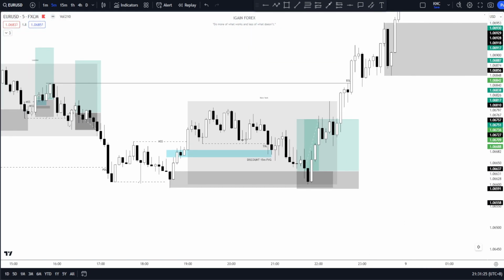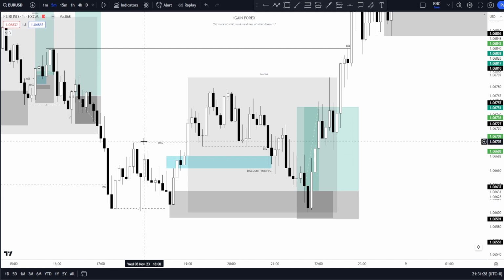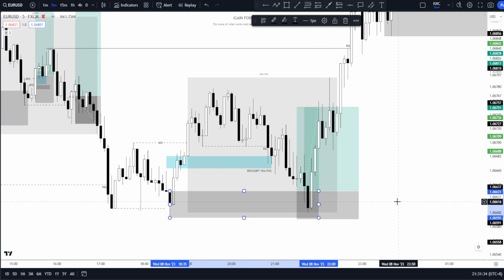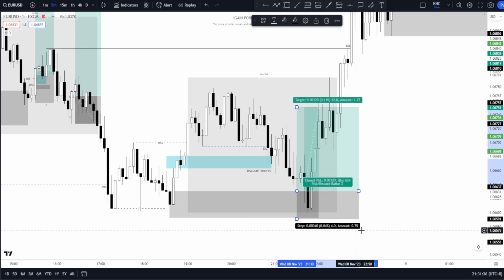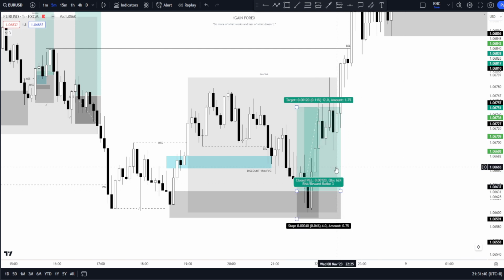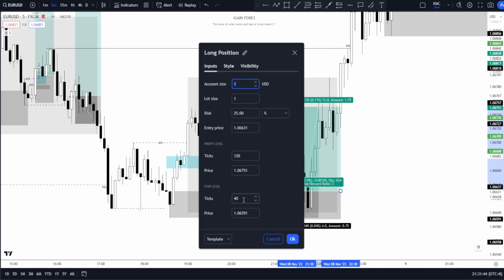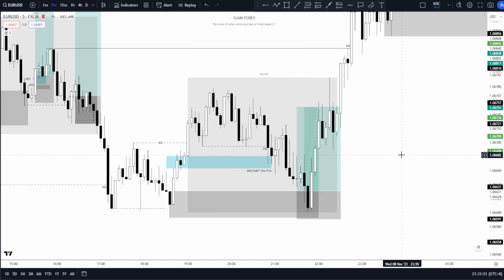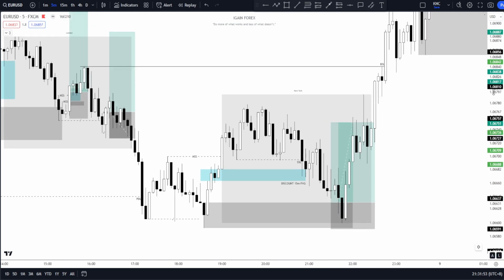Sweep here and then market structure shift, and then this 5 minutes demand zone. So this was my choice of entry during the New York session. Target this 1:3 risk reward ratio, 4 pips for stop loss and 12 pips for take profit. That's how we did for Wednesday.